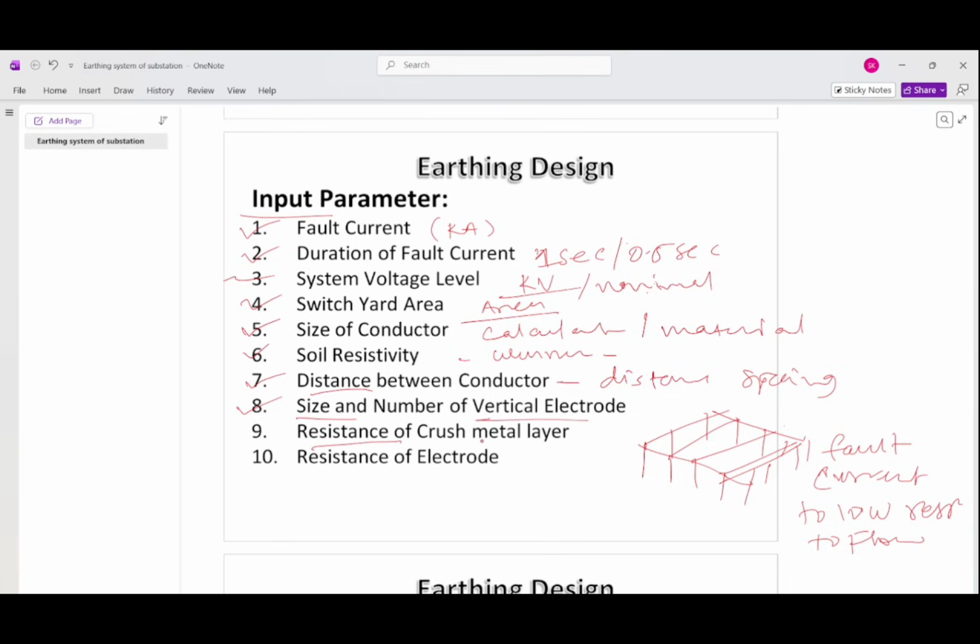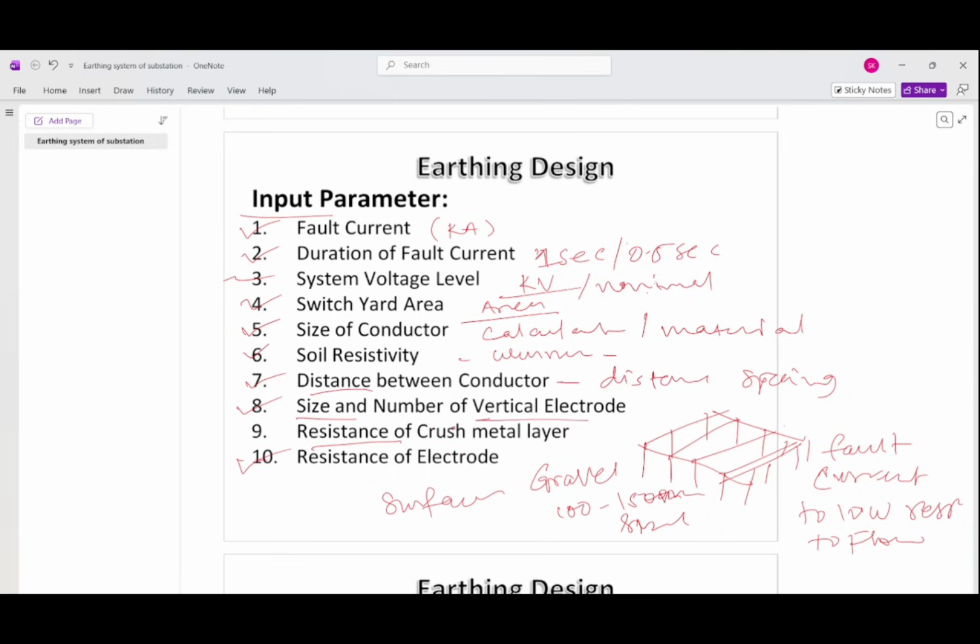Resistance of the crushed material layer: here gravel of 100 mm to 150 mm size is required as a surface layer, which will improve the contact resistance between the human standing on the gravel and the ground.